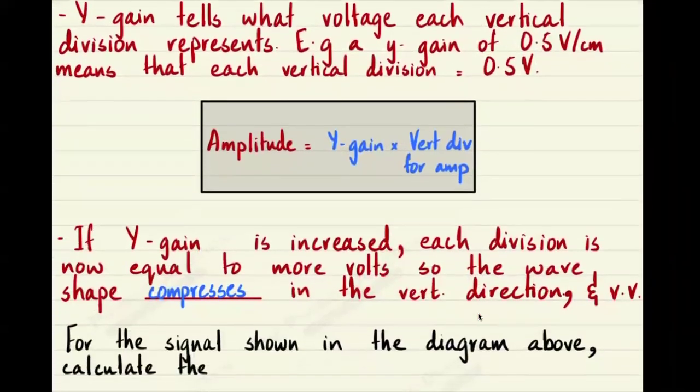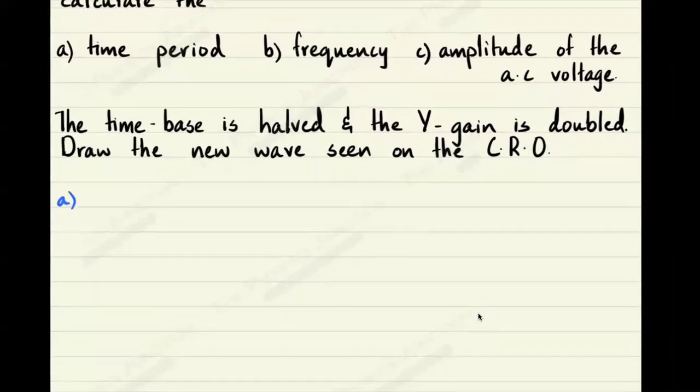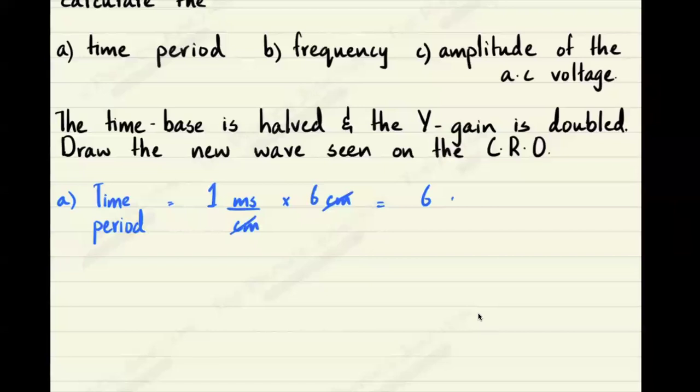So 1 millisecond per centimeter, and also look at how I write it, because the way I write it, I've never had to memorize this once in my life. So time period is 1 millisecond per centimeter multiplied by 6 centimeters. So I can see that, yeah, this is actually time. This is 6 milliseconds.